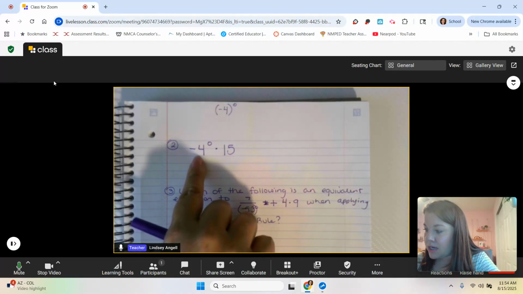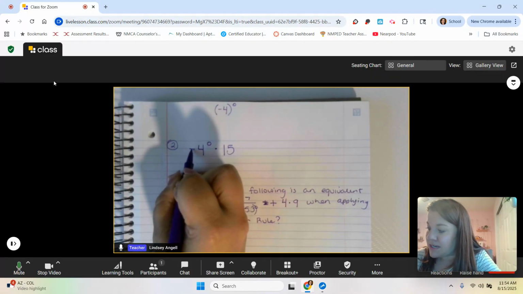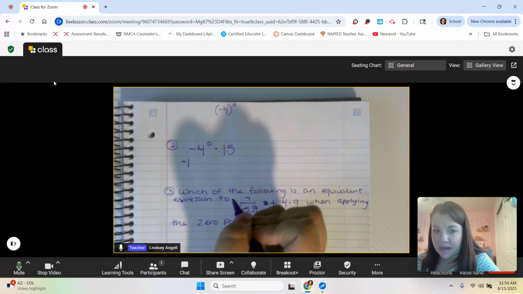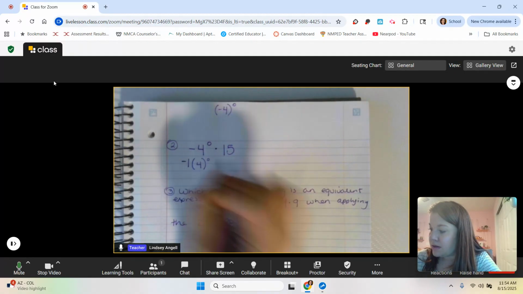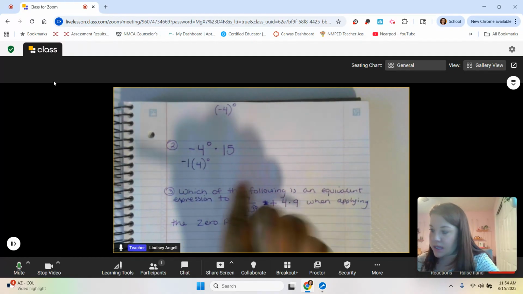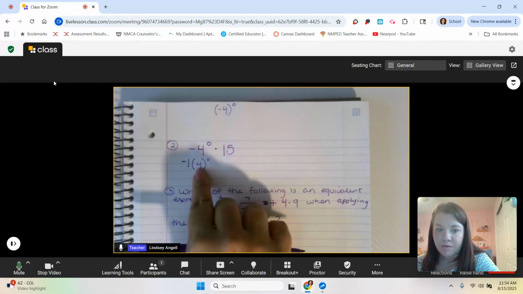Another way we could think of this is, if there's a negative right here, that's like saying it's being multiplied by negative 1 times 4 to the 0 power. Anything times 1 is itself, but because it's a negative, negative 1 times 4 gives us negative 4.